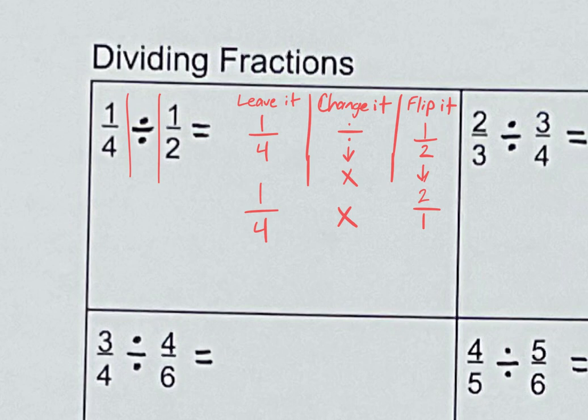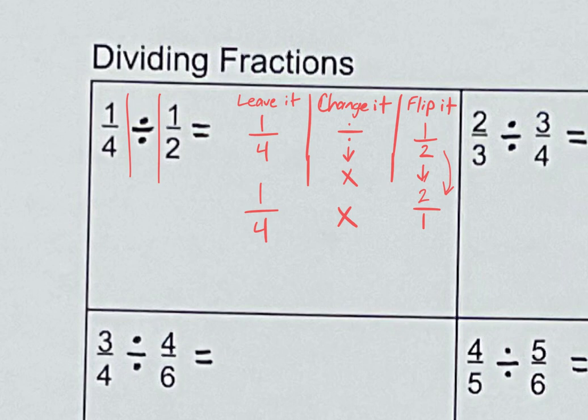You may hear this said instead of the leave it, change it, flip it method. You'll probably hear me or your teacher say, multiply it by the reciprocal. The reciprocal is just this section right here. Whenever you change that fraction and flip it, that's called the reciprocal. It's almost like you're saying multiply 1/4 by the opposite of 1/2, which would be 2/1.